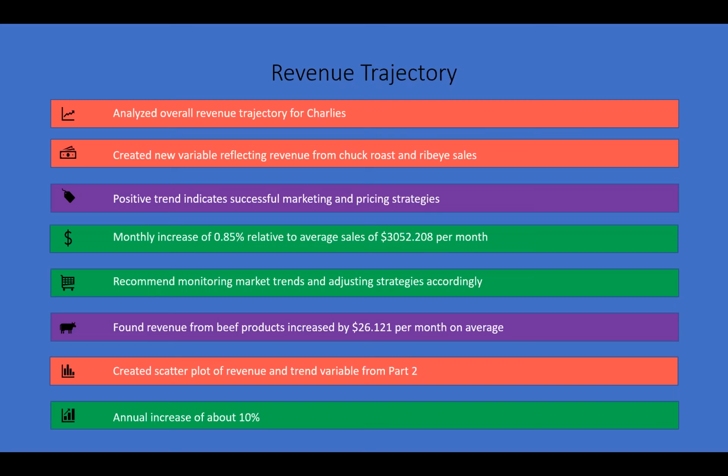We found revenue from beef products increased by $26.121 per month on average, relative to the average sales of $3052.208 per month in the sample period. This represents a monthly increase of 0.85% or an annual increase of about 10%. The positive trend indicates successful marketing and pricing strategies. We recommend monitoring market trends and adjusting strategies accordingly.